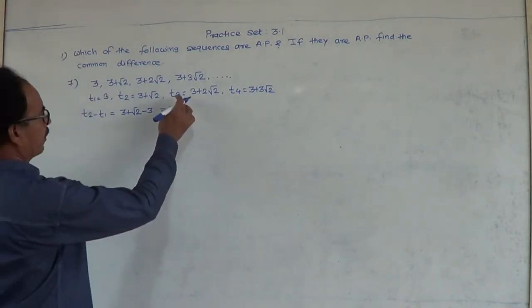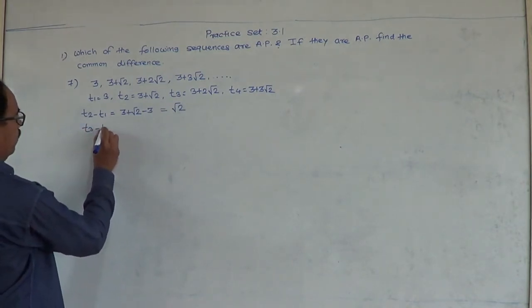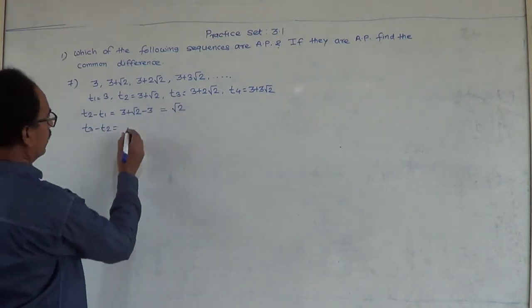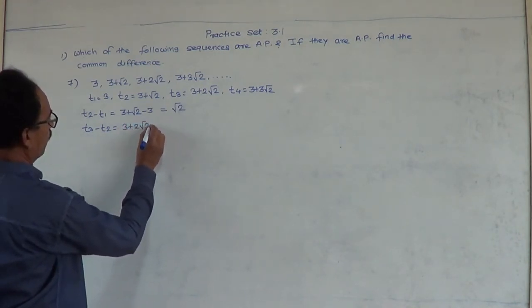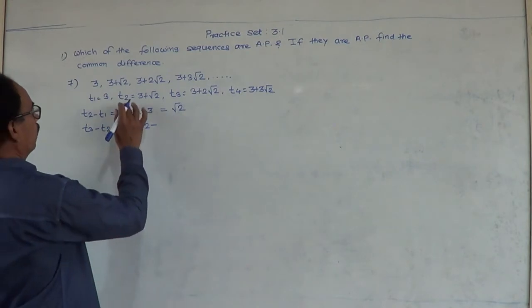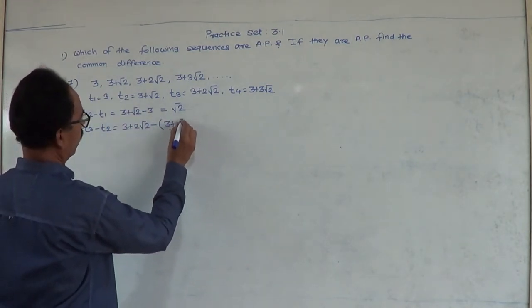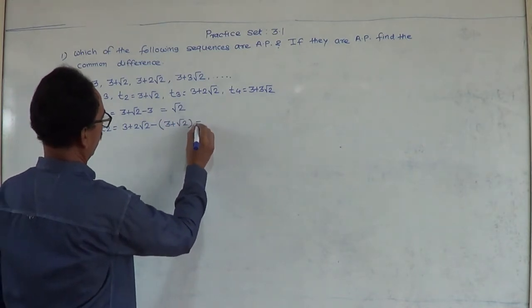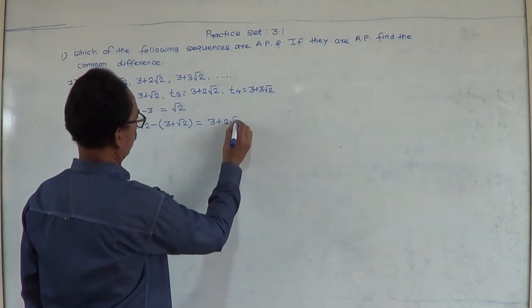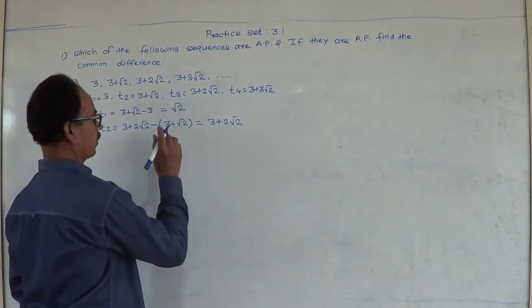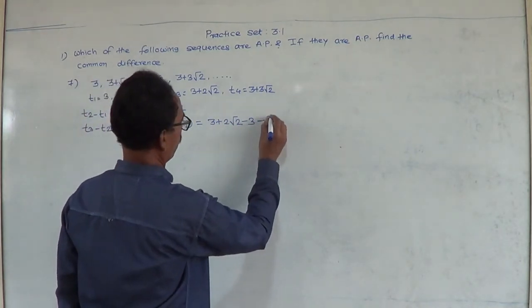Next we will take the difference between T3 and T2. T3 is 3 plus 2 times root 2 minus our T2, which is minus 3 plus root 2. Now write 3 plus 2 times root 2, then change the sign, this will be minus 3, and this is minus root 2.